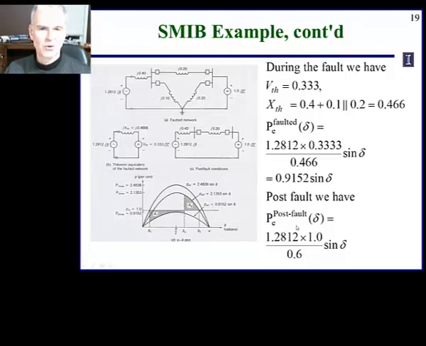So this is our post-fault system. Okay, so we've got pre-fault, faulted, and post-fault, and what we're going to determine from the numerical simulation is how long can this fault stay on and this generator stay in synchronism with the rest of the system, in this case represented by the infinite bus.